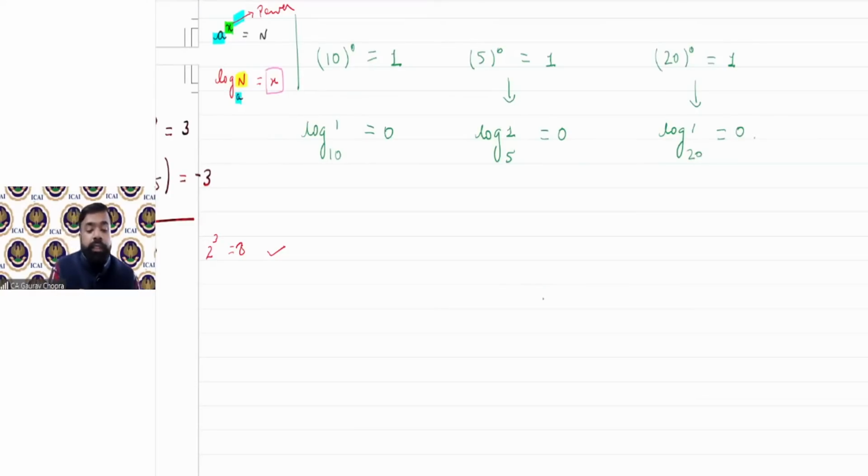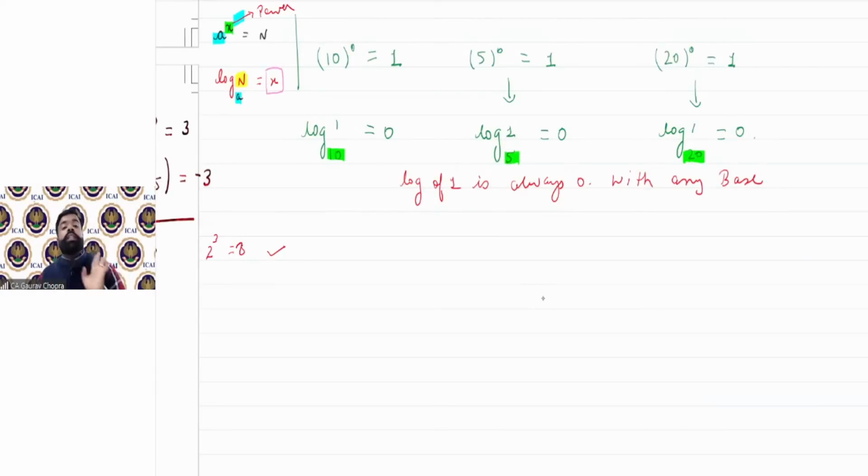In short, we can say that log of 1 is always 0 with any base. Whatever the base is, whether 10, 5 or 20, log 1 is always equal to 0. This is fixed. All right. So yes, everybody has understood till here.